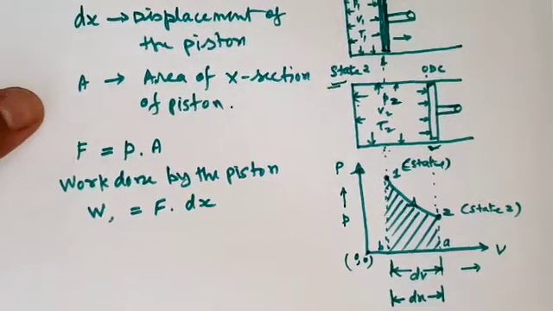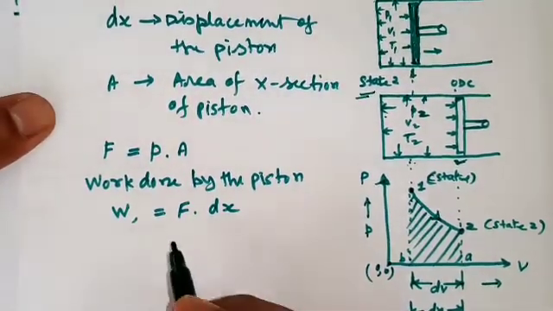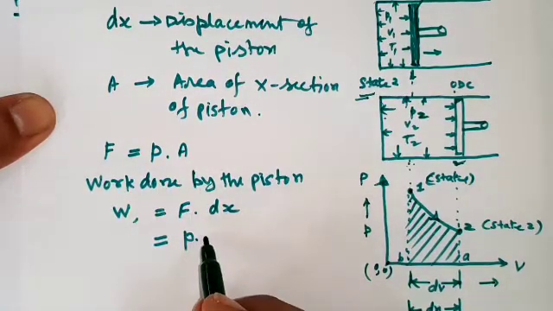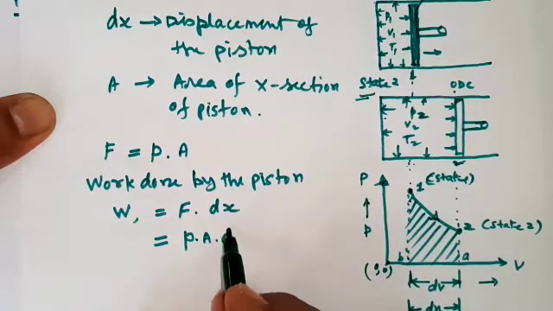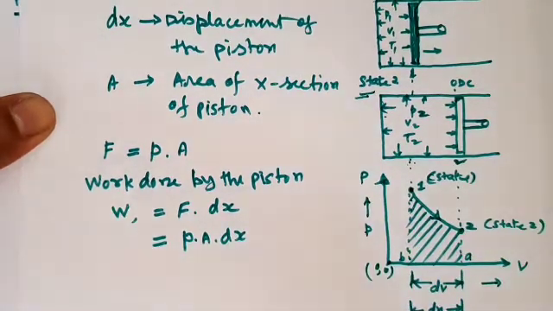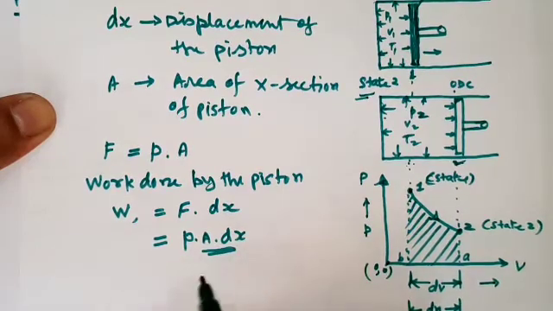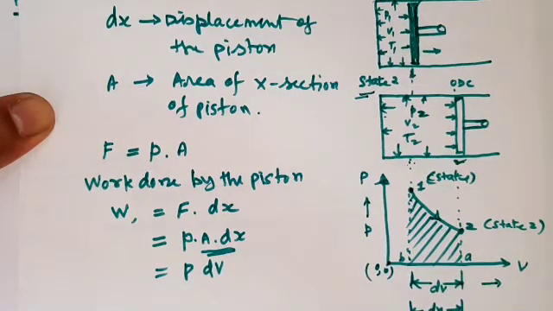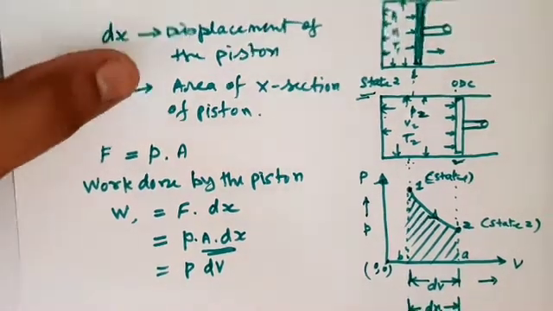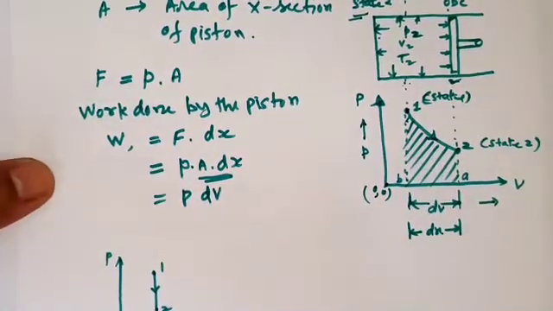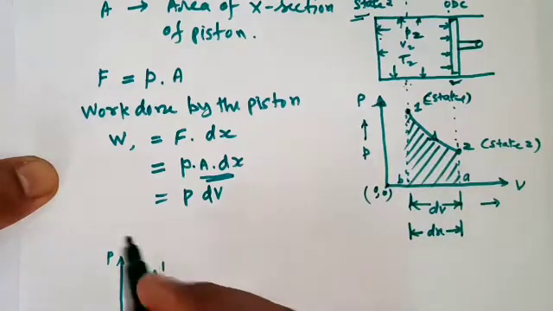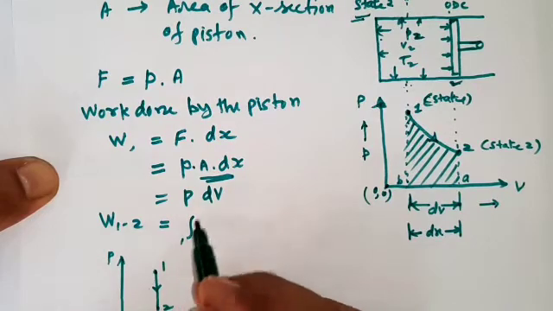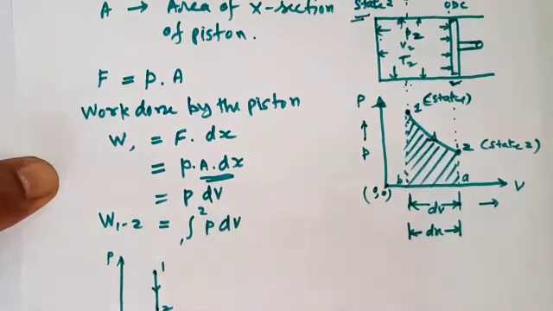Okay, so now we can place the value of F in this equation. So this will be equal to P A into dx, and this term A dx will be equal to dV. So simply we can say the work during process 1 to 2, W1 to 2, is equal to integration of P dV.